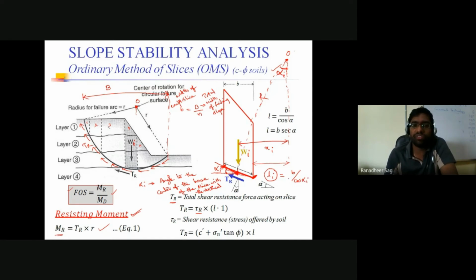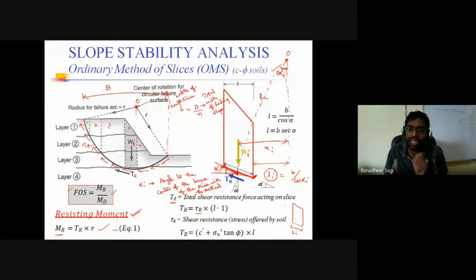If I quickly look, Li is an inclined surface. If this is my slice, I am approximating this to be an inclined straight line. This dimension is what I am calling Li. It's the length along the base of the failure surface of the ith slice, approximated to be a straight line.